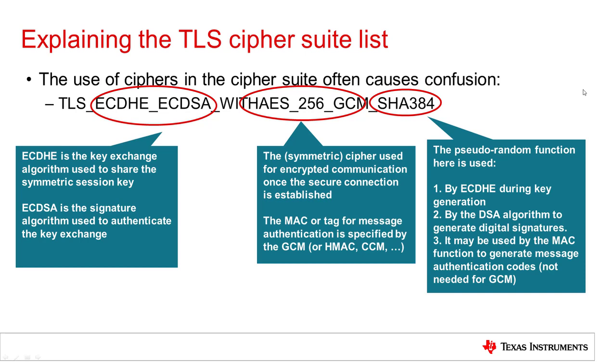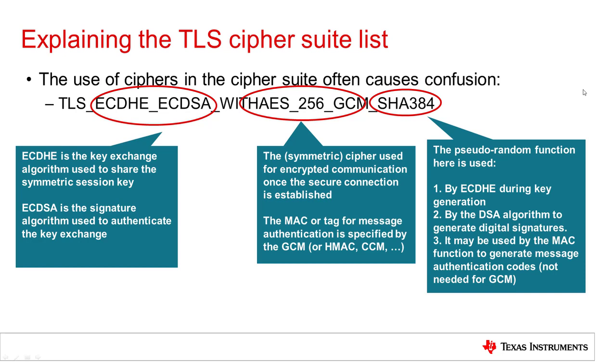So AES 256 is the symmetric cipher. Then the MAC or tag for the message that's used to authenticate each message in the stream is specified here by GCM, Galois counter mode.